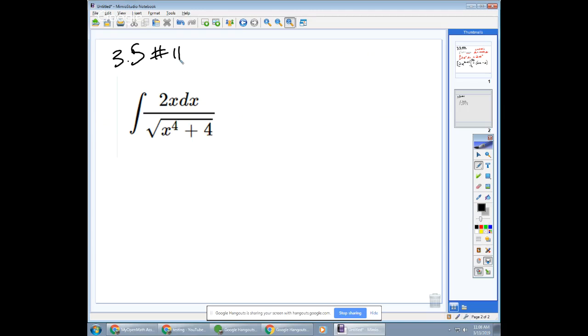Suggestions. Can we rewrite the square root as x squared squared and then, yes, x squared is the u? Yeah, so rewrite. I'm going to put the dx off to the side because it bothers me when it's in the numerator. And inside the square root, we have x squared squared plus 4.